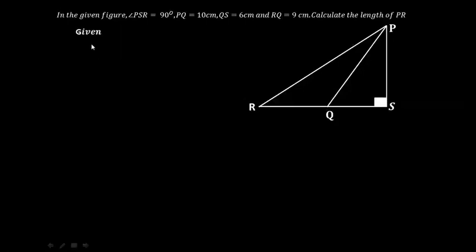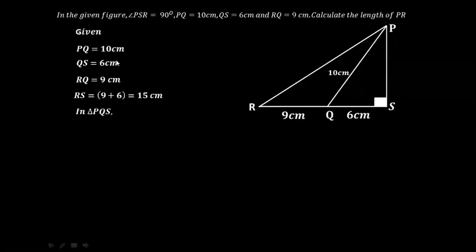Given PQ is equal to 10 centimeter, QS is equal to 6 centimeter, and RQ is equal to 9 centimeter. So now from this information, I can find RS is equal to 9 plus 6 is equal to 15 centimeter. That means with the help of the given conditions, I got the value of RS, but I don't have the value of PS. So first I need to find the value of PS.